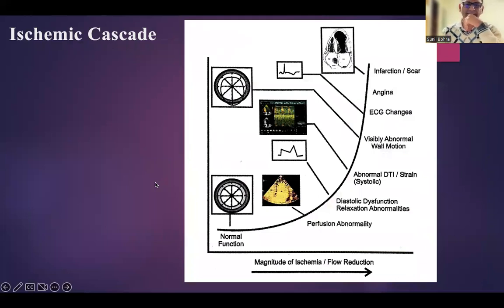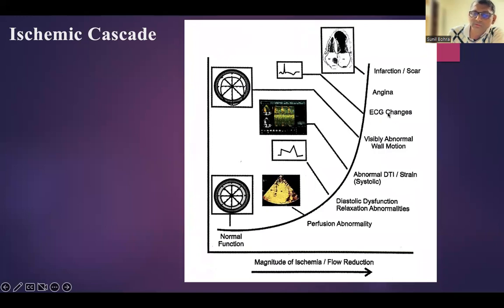Again, the ischemic cascade also needs to be known. Whenever a coronary artery gets obstructed, there is a sequence of events which happens, and this is the ischemic cascade. By the time the patient develops angina, there are a lot of other changes which happen inside the myocardium, starting with the perfusion abnormality, the diastolic dysfunction or relaxation abnormalities, the abnormal strain, and then visible wall motion abnormality and ECG changes.